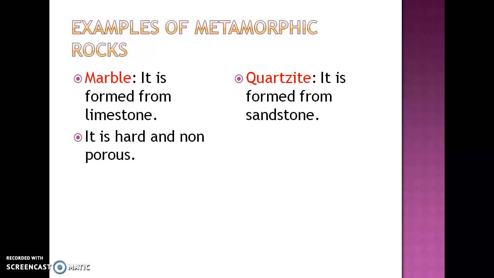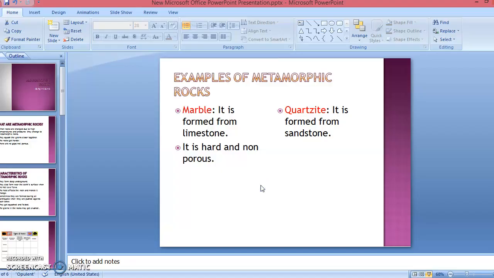In sandstone, you've seen that the particles are sand grains, and there are very small gaps between them. Now, when quartzite is formed from the sandstone, you might expect that it will contain some of the characteristics of the parent rock, but sadly it doesn't. It is completely different from the parent rock, the sandstone.